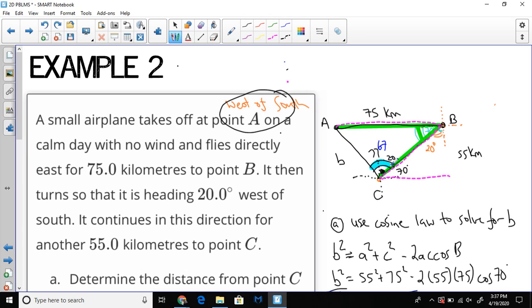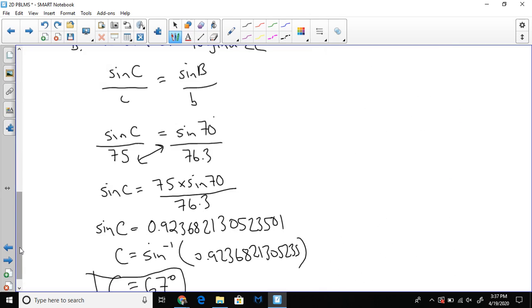So if that is 20, then what's this chunk right here? It's going to be 67 minus 20. Well, that's 47. So let me go down here for a second.